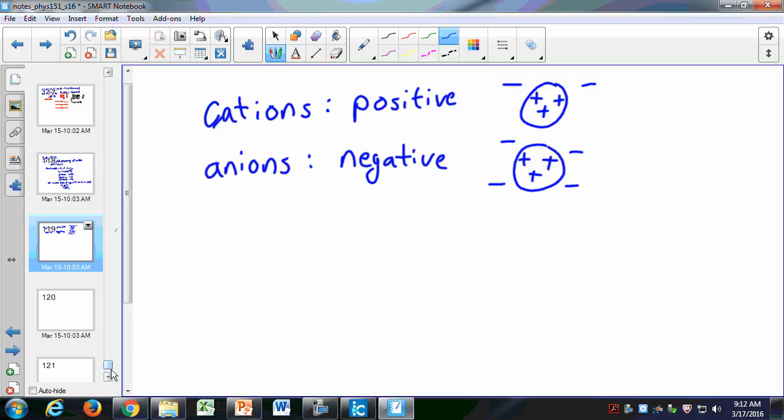So cations and anions. Atoms become charged by removing or adding an electron.